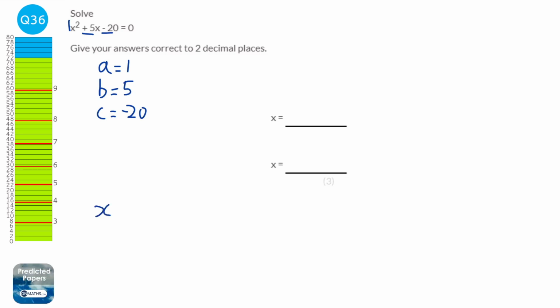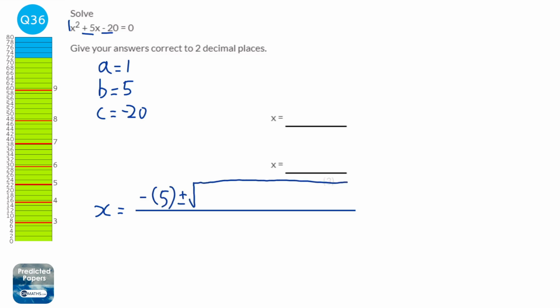So we're going to write out the quadratic formula, and we're going to substitute in the values. So it's minus b, and I always put the values I substitute in brackets on the calculator, because if they're negative, we can get into problems. B squared minus 4 times a times c, over 2a.